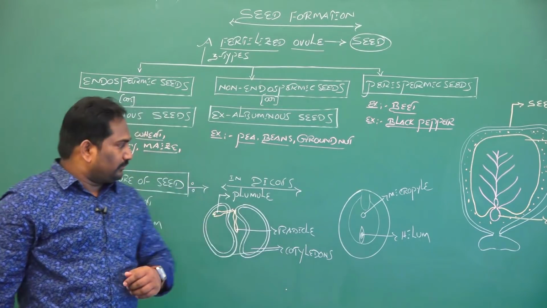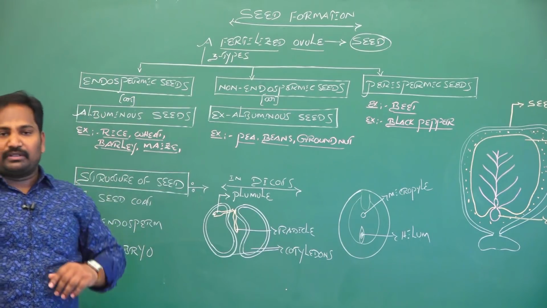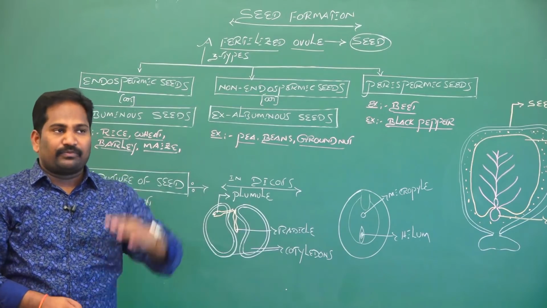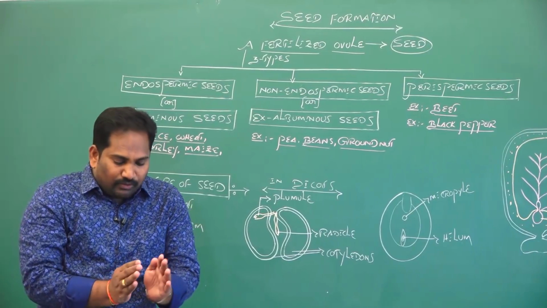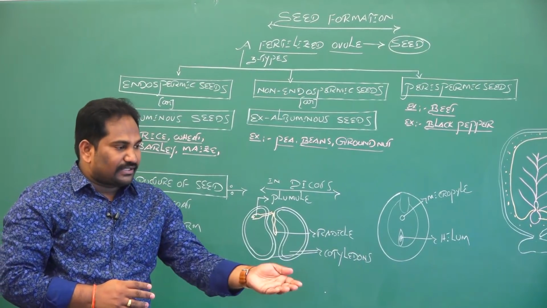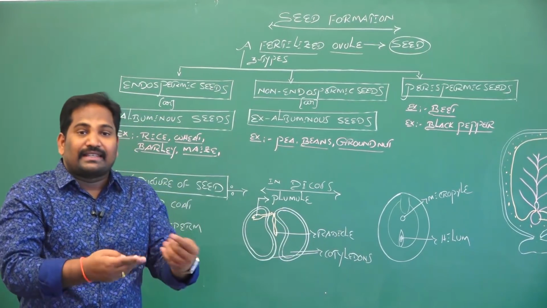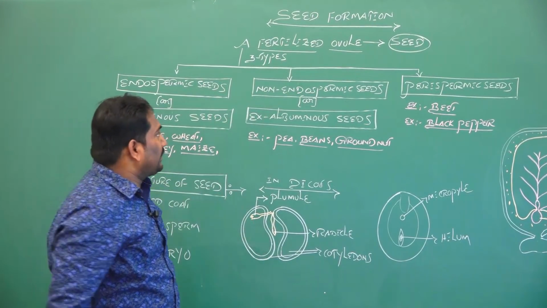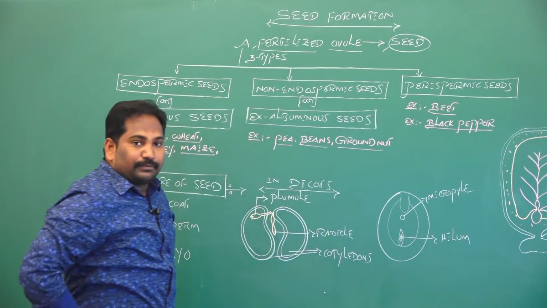If you imagine the structure of pistil or carpel, each pistil has three major parts: stigma, style, ovary. Inside the ovary, ovules are present. When the ovary is fertilized it produces fruits, when the ovule is fertilized it produces seed. The simplest definition for seed is a fertilized ovule is called as seed.